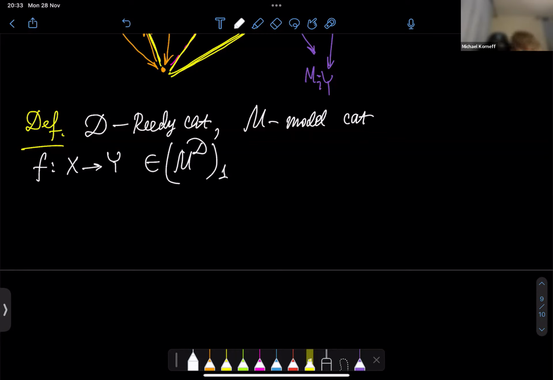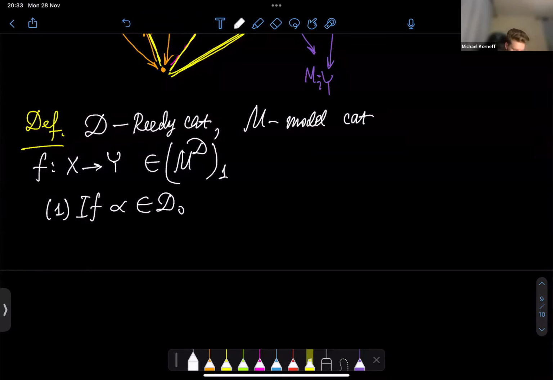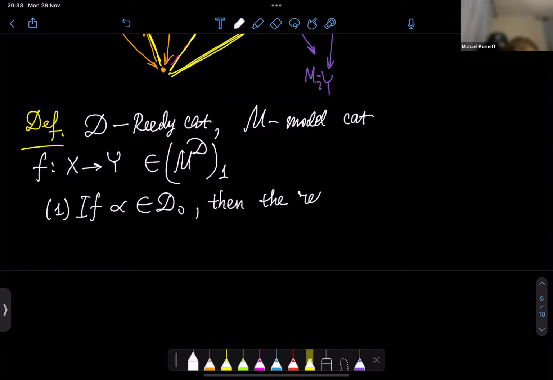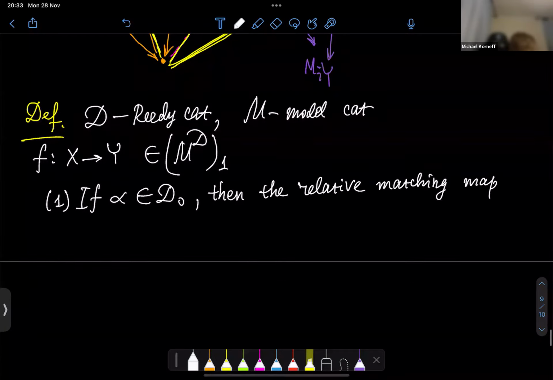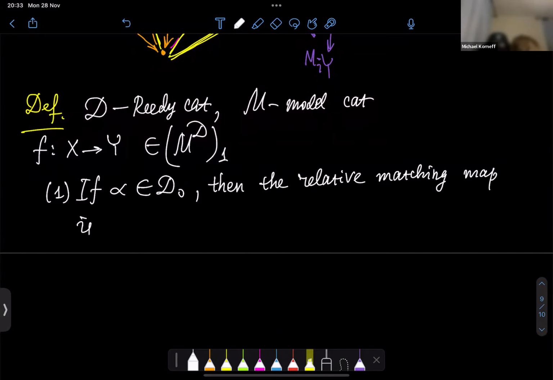And if alpha is an object of D, then the relative latching map is the map.